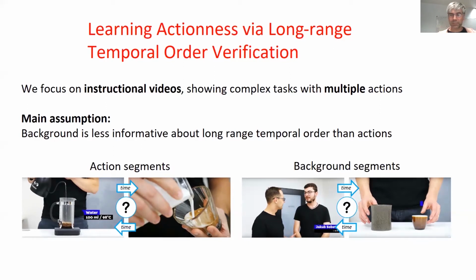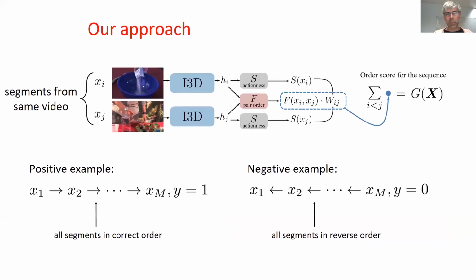So the idea here is to use this intuition to say that if we can learn an algorithm which will predict the correct order, these frames are likely to be actions. If the algorithm cannot figure out what order it is, the frames may not be an action. This is a hypothesis.